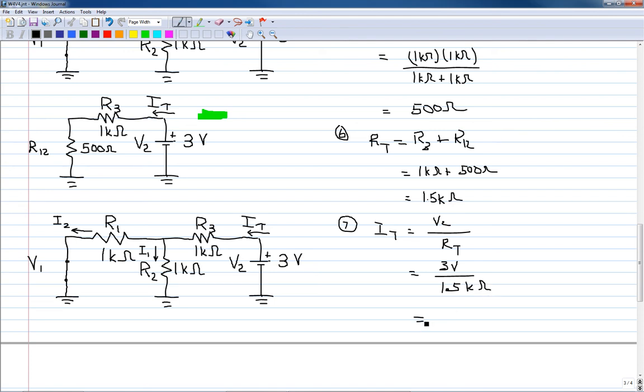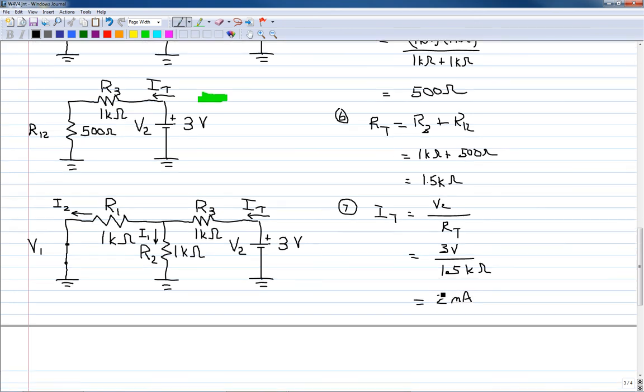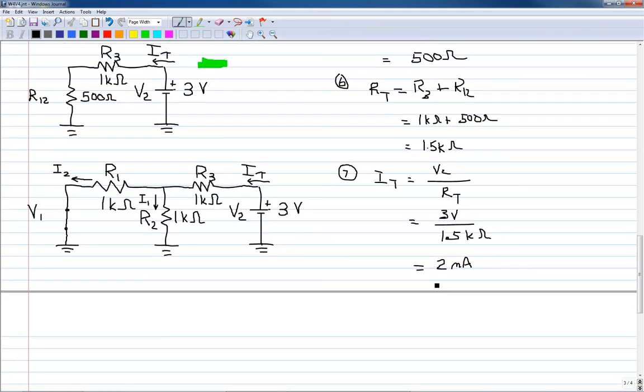That yields 2 milliamps generated as I total. So we have 2 milliamps I total flowing to this junction, and then it's going to split between R2 and R1.